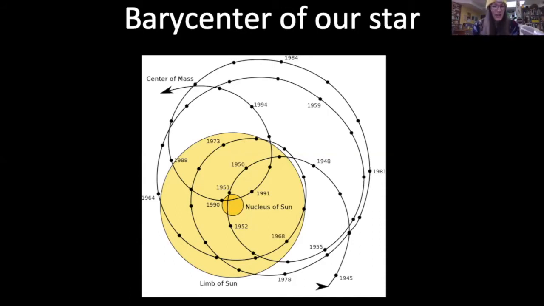So if there's an alien looking at our star, they could see that our star is wobbling, and that must mean it has planets, because planets that are really big will make that star wobble a lot. And if planets are really small, it will make it wobble a little bit. So we can tell a lot about how big planets are thanks to the wobble method.